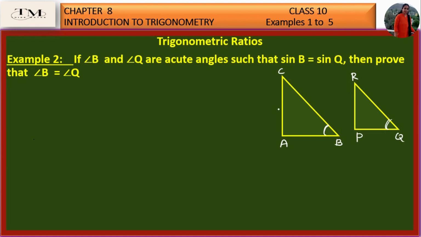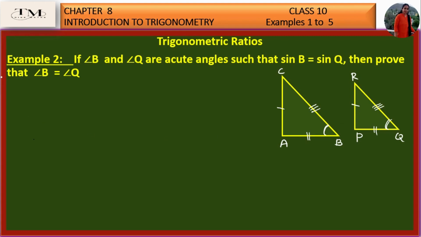So we should prove AC by PR should be equal to AB by PQ and BC by QR. So these three ratios should be equal. Then by SSS criteria, we will have triangle ABC similar to triangle PQR.